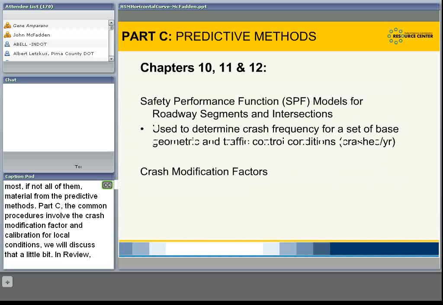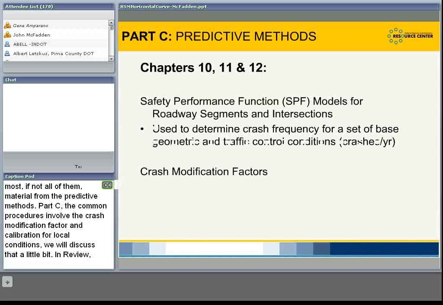Then we multiply that by the crash modification factors for the prevailing attributes, be they design attributes or any other treatments for which we have knowledge of the impact on crashes. The last term is a calibration factor, which allows us to adjust this national model to reflect local conditions using crash data that we have locally.